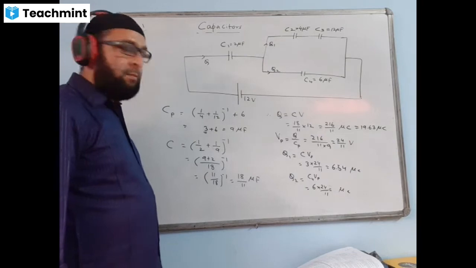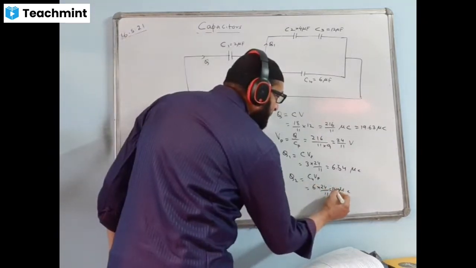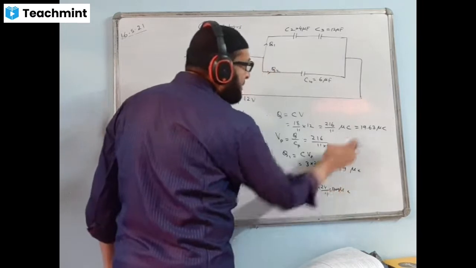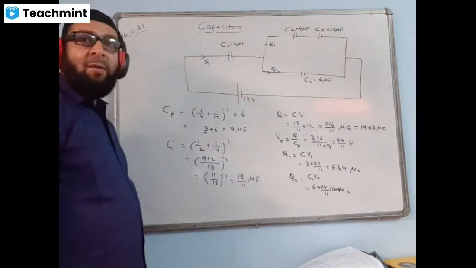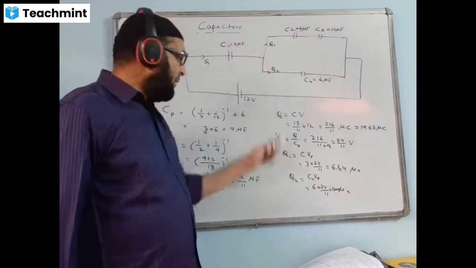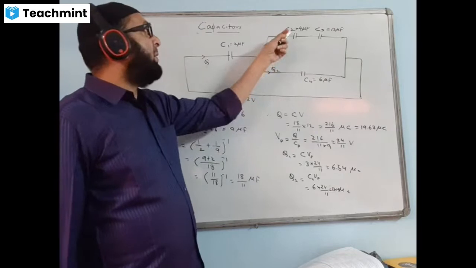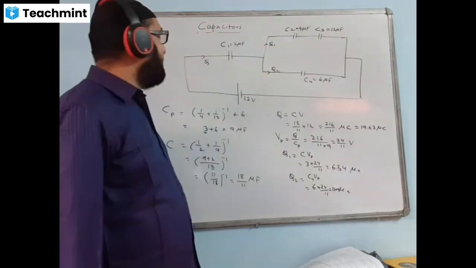Okay, 13.09. When you add these two answers, the total comes to this much only. So the charges on this and this will be the same, that is Q1. The Q1 value 6.54 will be here also and here also. And the C4 value is 13.09. Hope we got it? Understood?